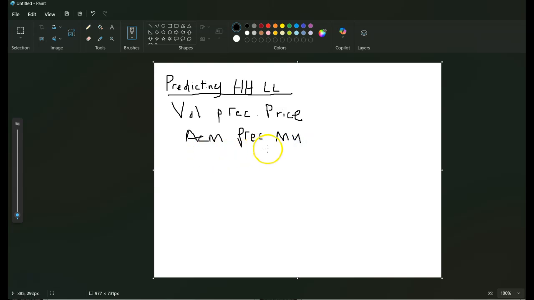Similarly, distribution precedes markdown. That's what it really is. All right, so predicting higher highs and lower lows, you have to understand the principle of volume precedes price, and what that really means is accumulation precedes markup.